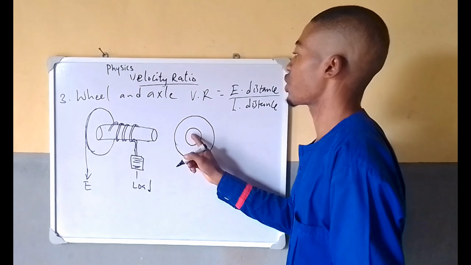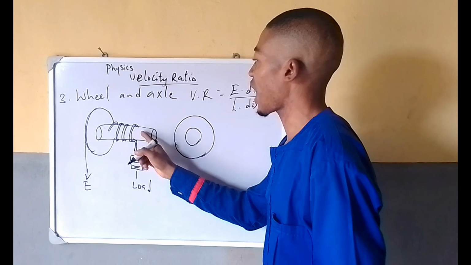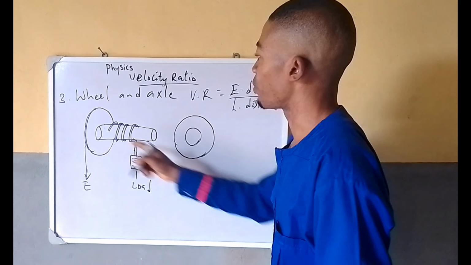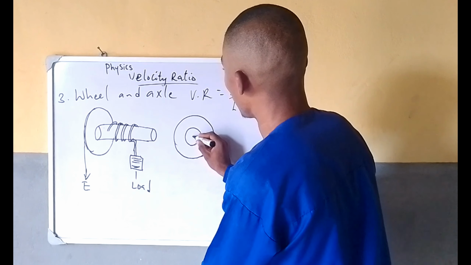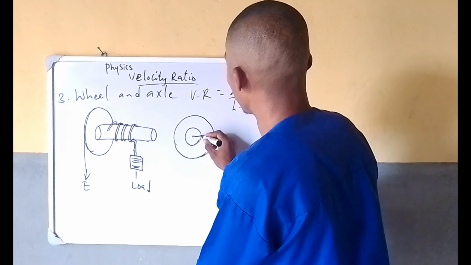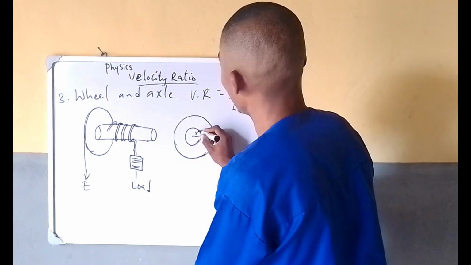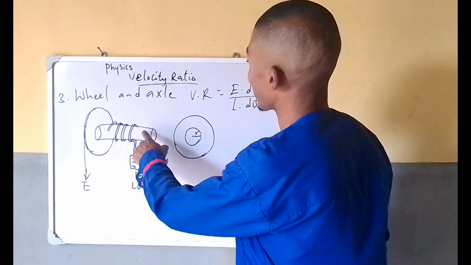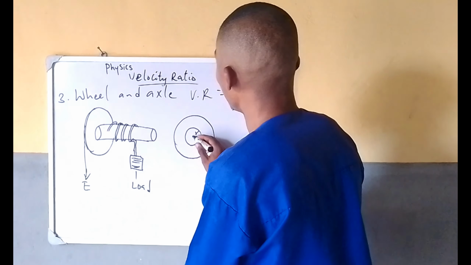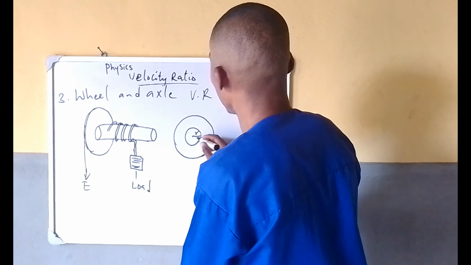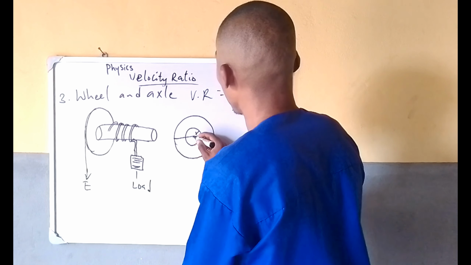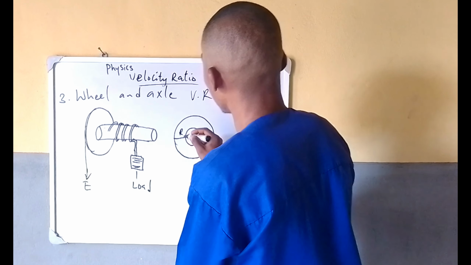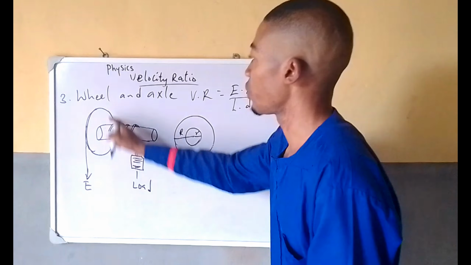The small circle represents the axle, while the big circle represents the wheel. So we are going to look at the radius of the two. From here to this place, we give you small r, which is the radius of the axle. Then from this point to this place, we give you big what? R, which is the radius of the wheel.